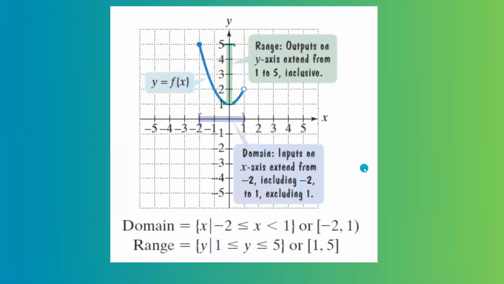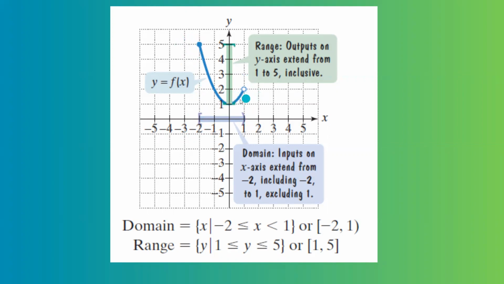Let's take a look at another function here. You have a piece of curve. The domain on the horizontal line starts at -2 and it stops at 1. -2 is included in the domain. Why is that? Because you have a closed circle.